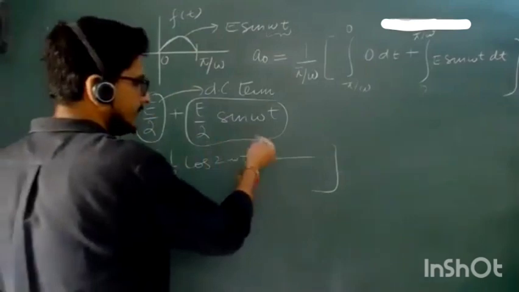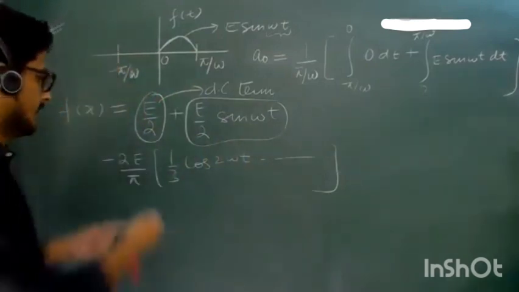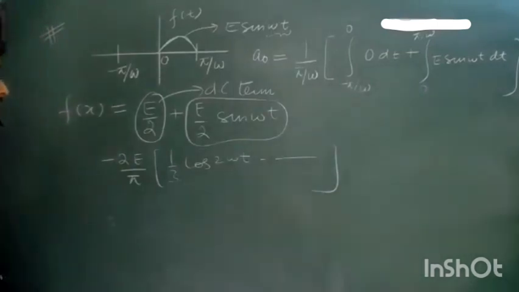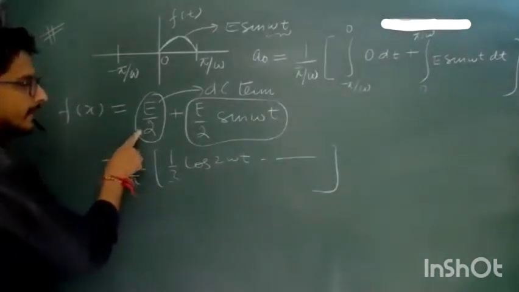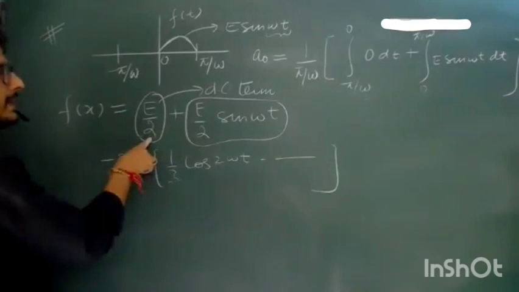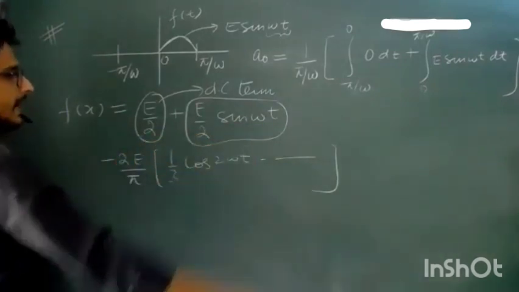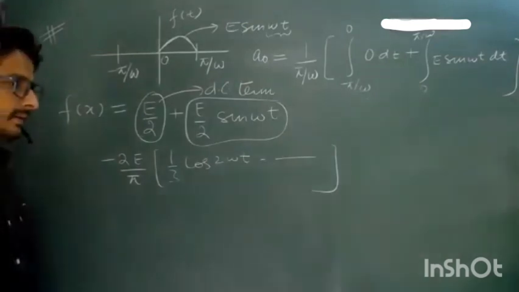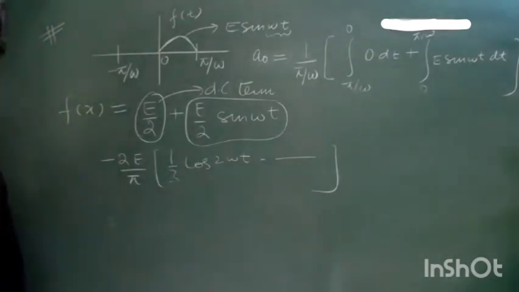So this is not a good rectifier. And then there are cosine terms which are small but still present. If only this were present, it would be 100% DC, but there are time dependent functions present in your half wave rectifier. This is how we analyze it. Okay.